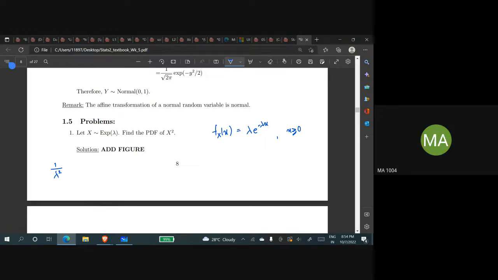What is your answer? 1 by 2 root y lambda e raised to minus lambda root y. And what is the range of y? Greater than 0. Okay, so you're saying f y of y is this. Any other answer? Anybody else?